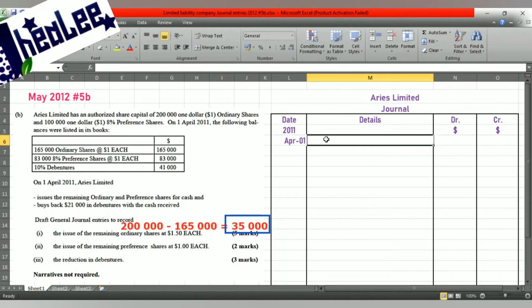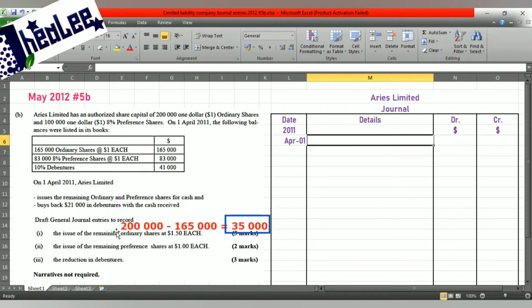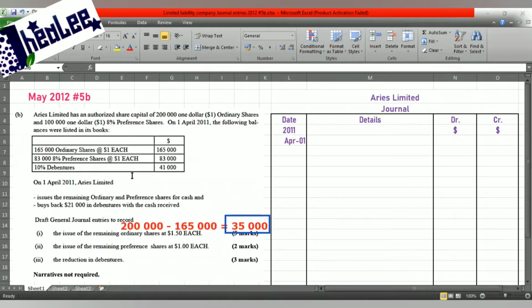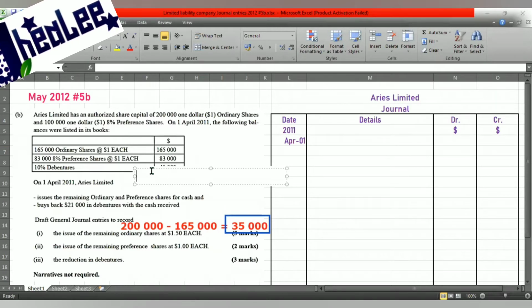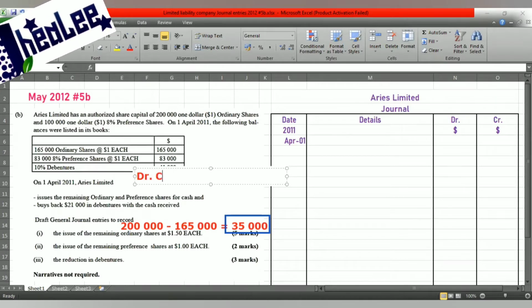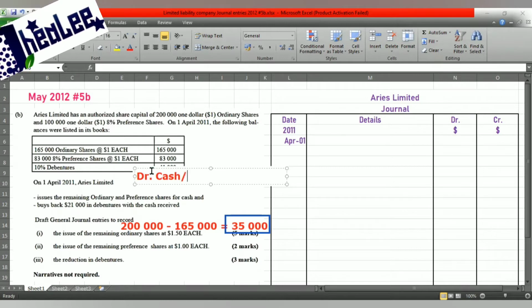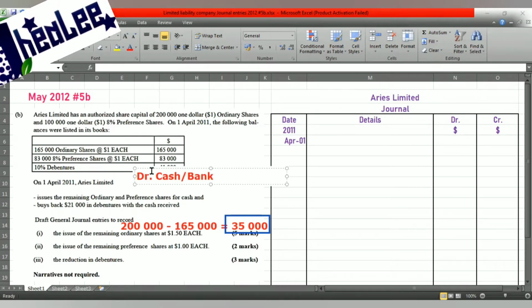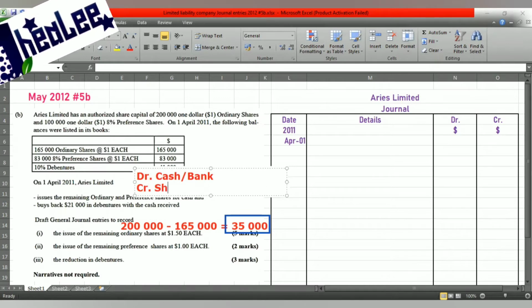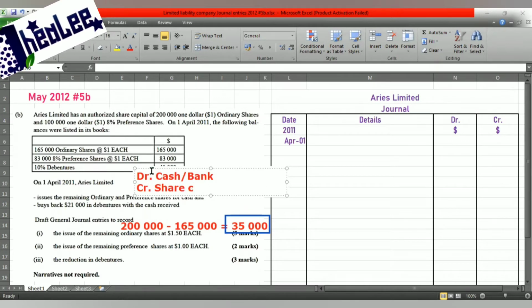Now, please note that when you issue shares, the double entry for the issue of shares is that you debit cash or bank, and you would credit the share capital, whether it is preference or ordinary.